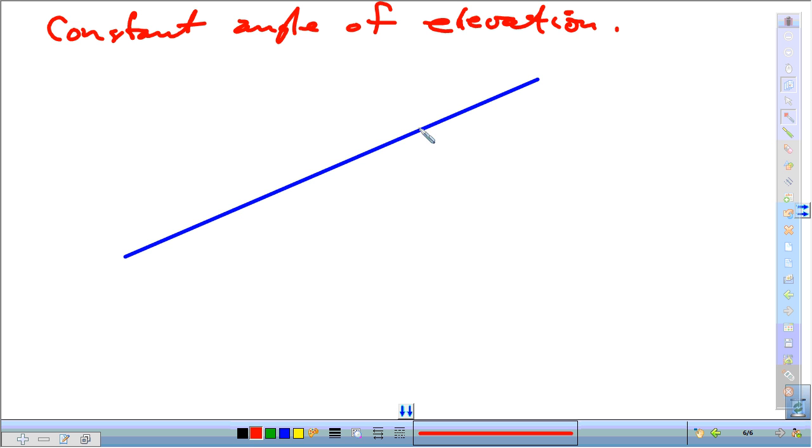So this kind of a straight line curve, well, actually it doesn't curve. This remains constant elevation.